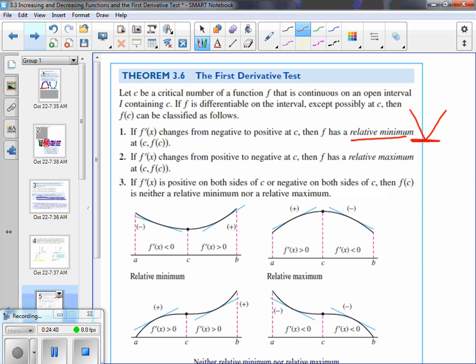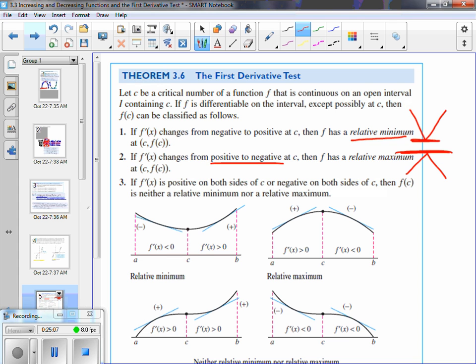And then just flip it all around for when the derivative changes from positive to negative at c. If the derivative is positive, the function's increasing. The derivative changes to negative, the function's decreasing. There's a relative max right there, isn't there? I'm finding extrema.